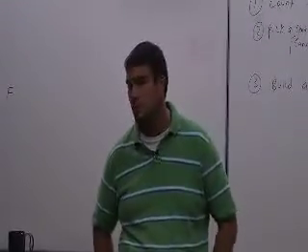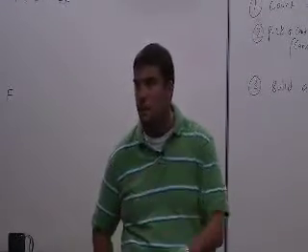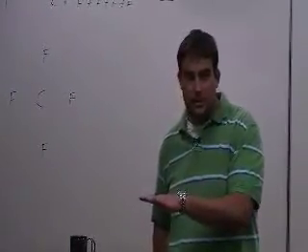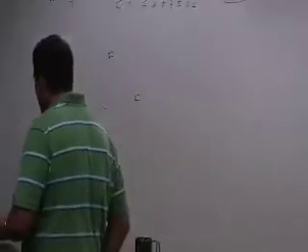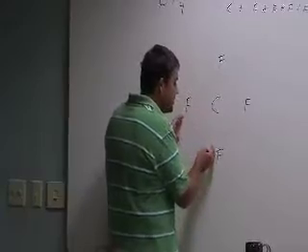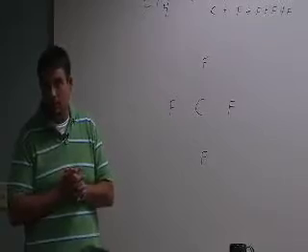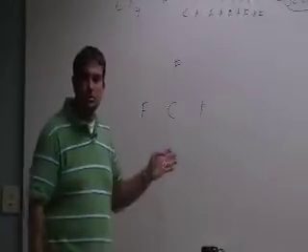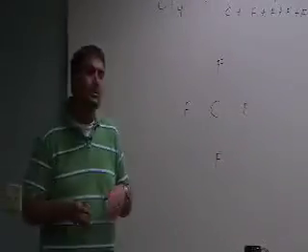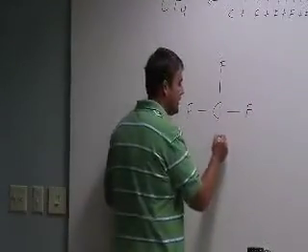VSEPR stands for valence shell electron pair repulsion theory, and that is something you will learn in the next chemistry course in depth. Basically it shows you how everything is spaced as equally as possible. Next semester, this picture will turn into something called tetrahedral with 109.5 degree bond angles and all this drama. But for right now, they're just kind of sitting there.